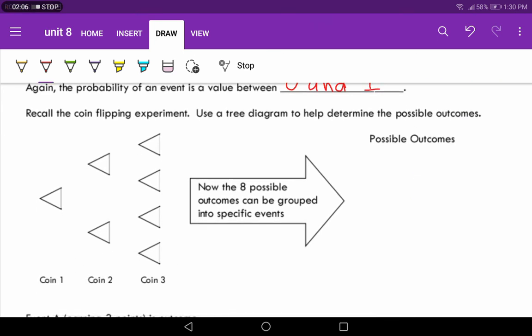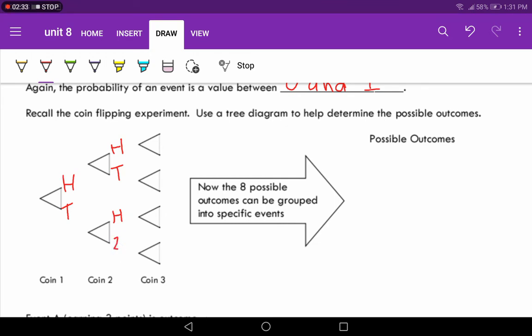So let's recall the coin flipping experiment and use a tree diagram to help determine the possible outcomes. Okay, so on our first flip, so coin 1, we're either going to get heads or tails. Our second, if we flip 2 times, again, we're either going to get heads or tails for the first, heads or tails for the second.